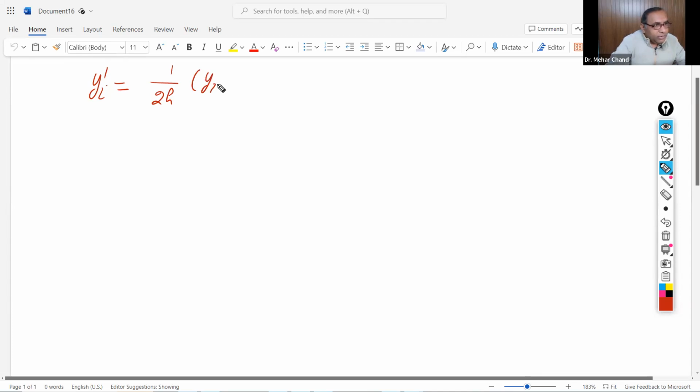This will be equal to yi plus 1 minus yi. For the second order, we will have yi double dash is equal to 1 upon h square, yi plus 1 minus 2 yi plus yi minus 1.